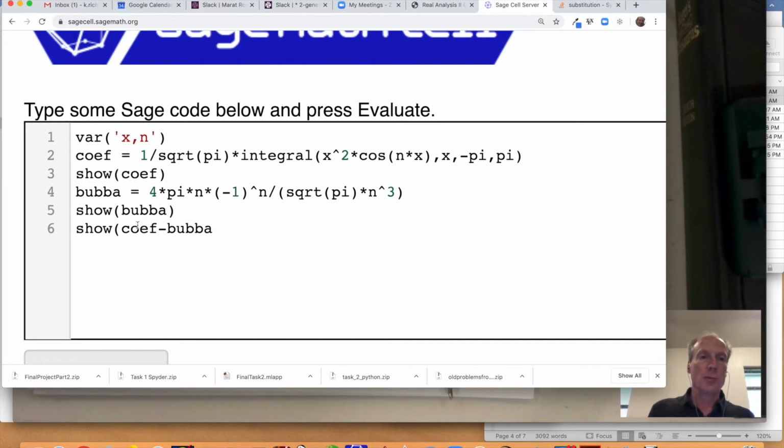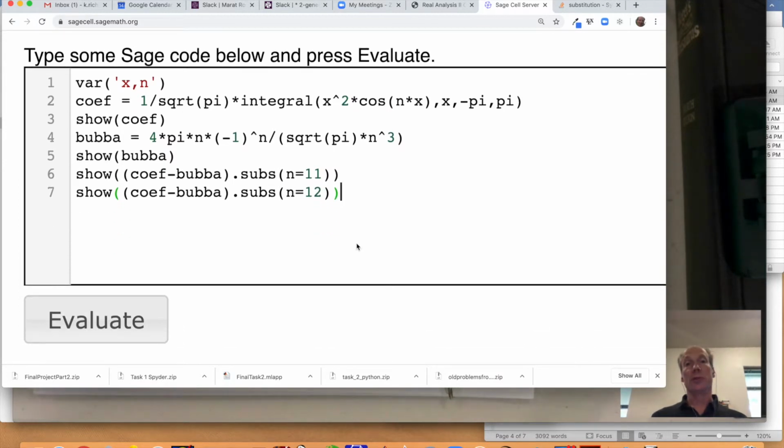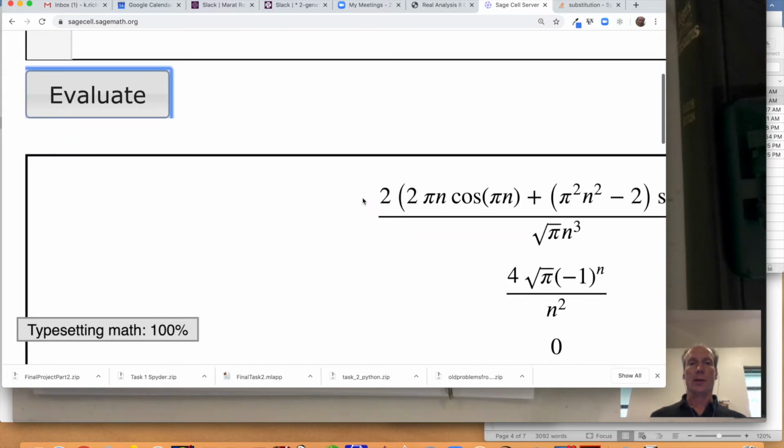And then we want to substitute, let me see, n equals, I don't know, 11, and then maybe also do the same thing for like n equals 12, and if those are both 0, we probably did it right, so let's just check. Okay, I think I did the right thing.